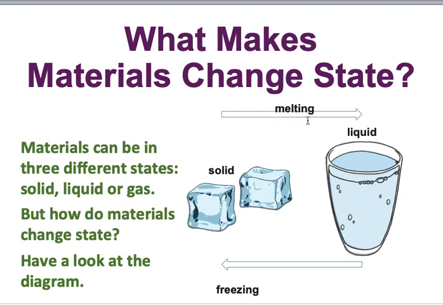So when it starts melting, it changes to liquid. And this liquid, when you freeze it, put the water in the ice cubes and place it in the refrigerator, what will you get?